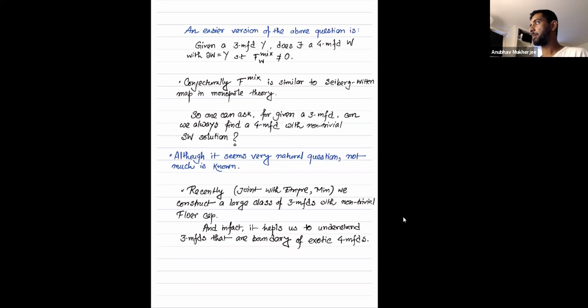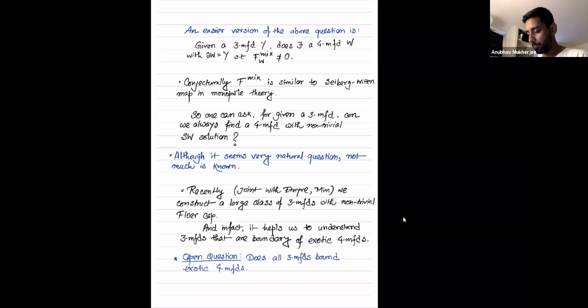For our caps, it is almost the same way one constructs those caps for Stein fillings, but at the same time we track the Floer map under those cobordisms as well, and that's how we construct the caps in our work with Etnyre and Min. And the interesting thing is that we do not know any other construction outside this particular class.